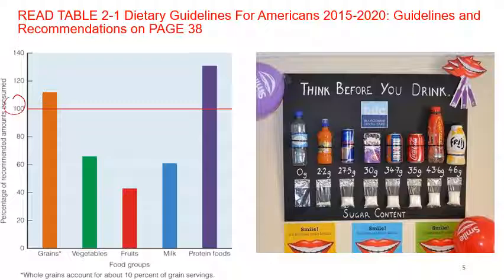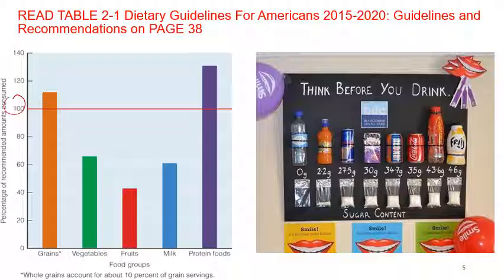If you notice, grains and proteins tend to be above 100%. And if you look at grains, it says whole grains account for 10% of grain servings. So most people are not really consuming whole grain foods. And if you look at that line again, there are 3 food groups, the vegetables, fruits, and milk, that tend to not be consumed as often as they're recommended.